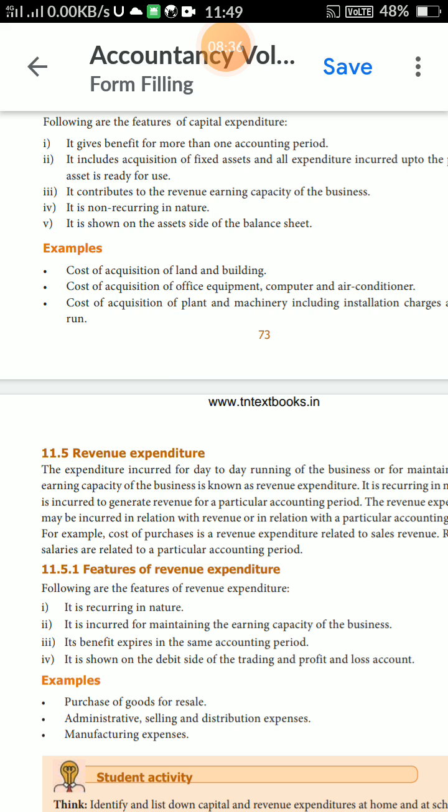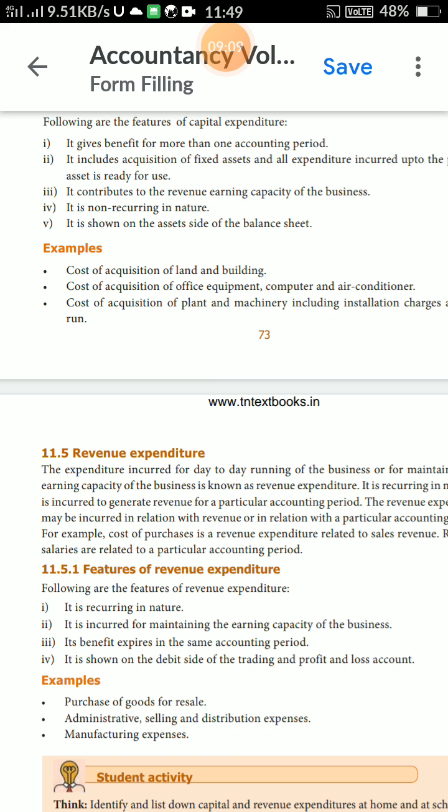Examples of capital expenditure are land and building, office equipment, computer, air conditioner. Revenue expenditure examples are purchase of goods for resale, administrative, selling and distribution expenses, and manufacturing expenses.